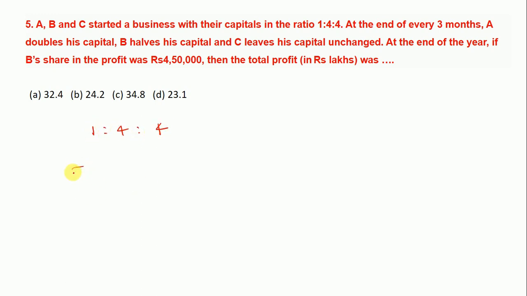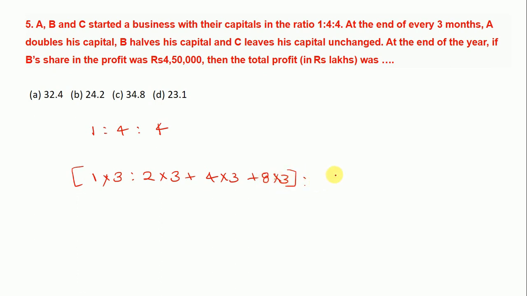So after every 3 months, A is doubling his capital. So 1 into 3, and after 3 months he has doubled his capital, that is 2 into 3 plus 4 into 3 plus 8 into 3.